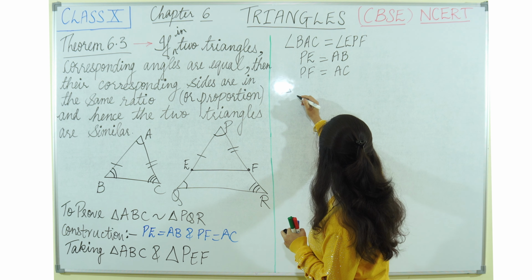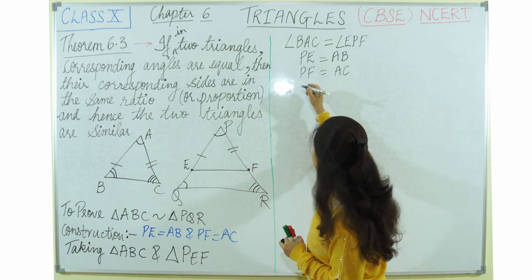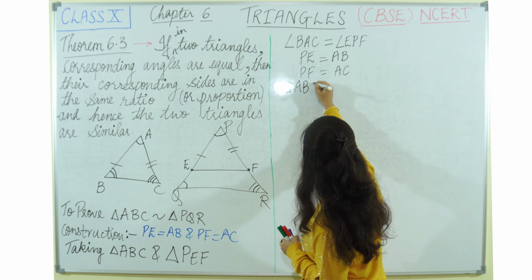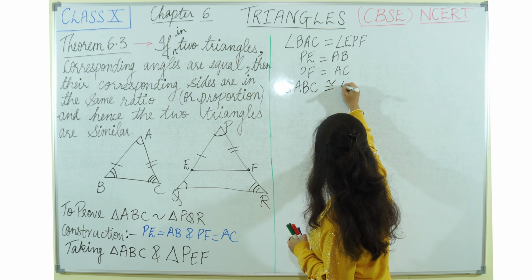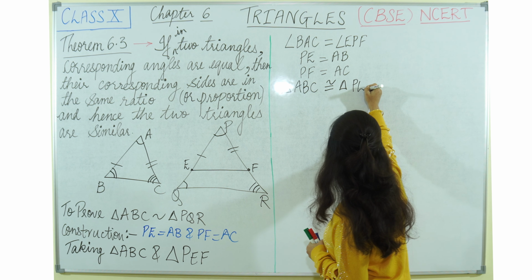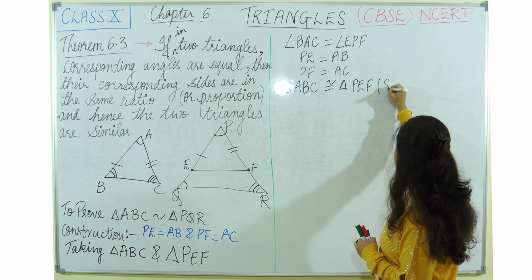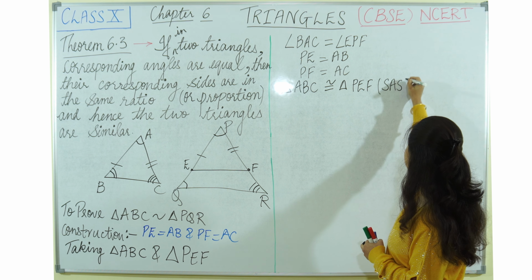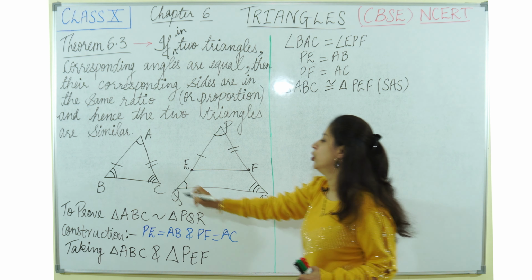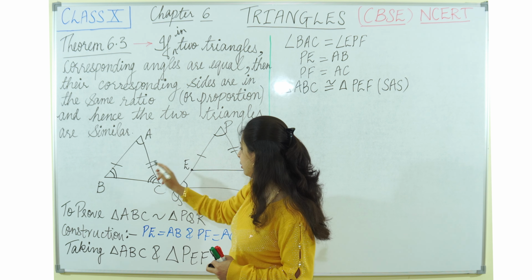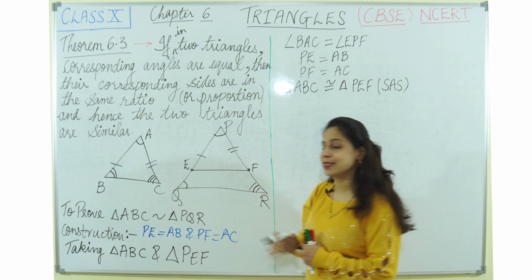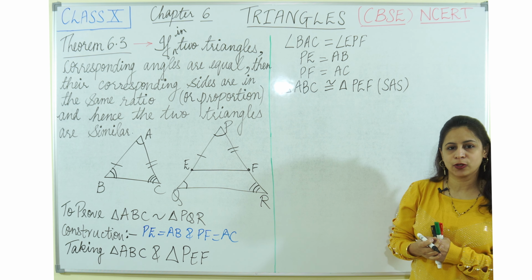So triangle ABC is congruent to triangle PEF by the criterion SAS, which is side angle side. This is one side, this is the angle, and this is another side. So by side angle side, both the triangles are congruent.